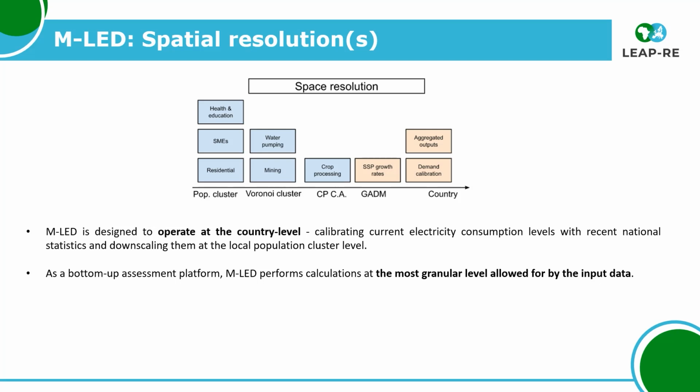So in the case of residential, SME, health, education, for instance, calculations are done at the population cluster level, which are small units over space, such as towns, villages, communities, small cities, up to metropolitan areas, continuous settlements of people in a country. And then, depending on the sector, we also carry out calculations around the communities at the Voronoi cluster level, or at the subnational level for the growth in drivers of population and economic growth, and up to the country level when aggregating outputs and calibrating the demand with national statistics.